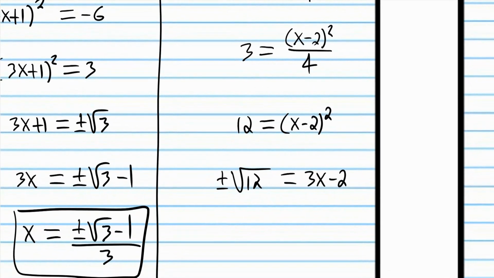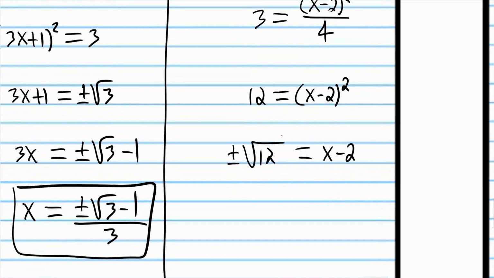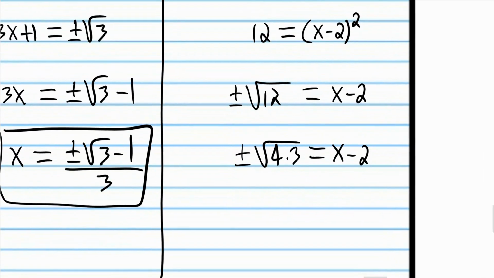Whoops, that should be x minus 2. Now there's a perfect square inside there, so I'm going to have to factor that to 4 times 3. And that becomes the square root of 4 times the square root of 3.